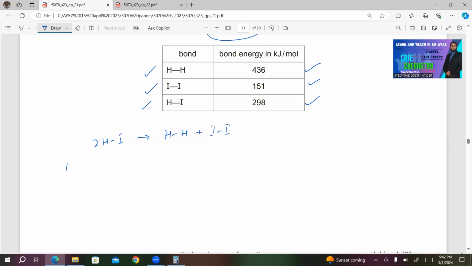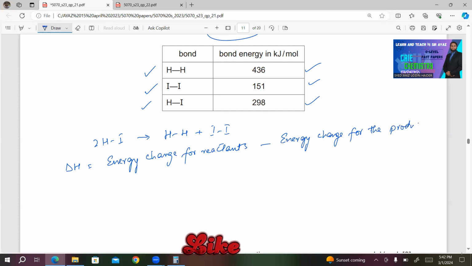You know that delta H will be energy change for reactants minus energy change for the products. So on the reactant side, what we have? We have 2 moles of HI. So 2 will be multiplied by 298.